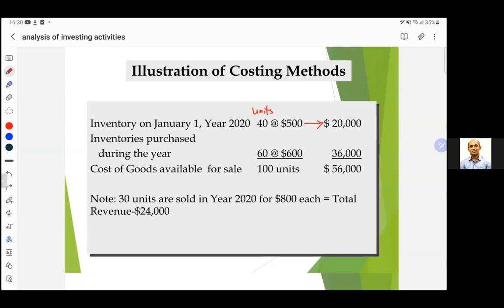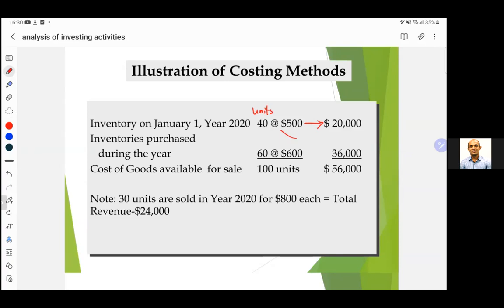You see the beginning stock price is 500.